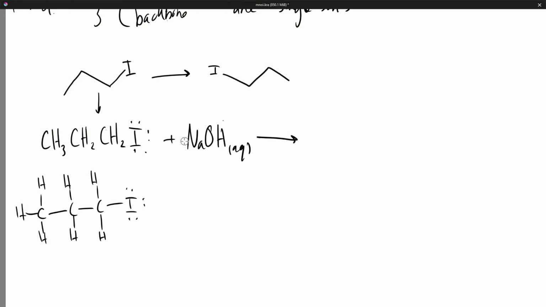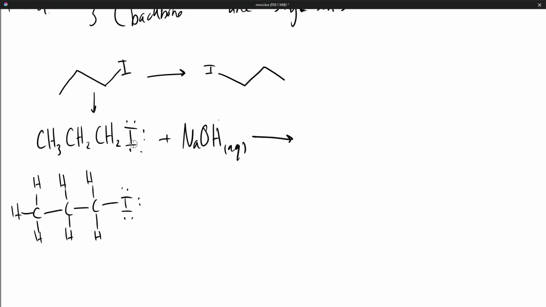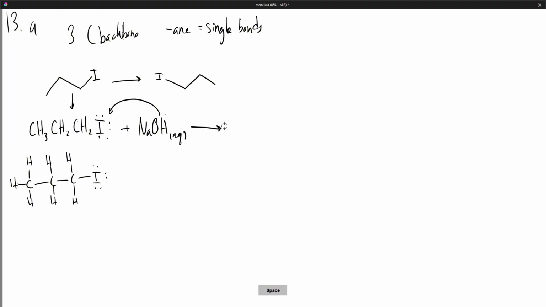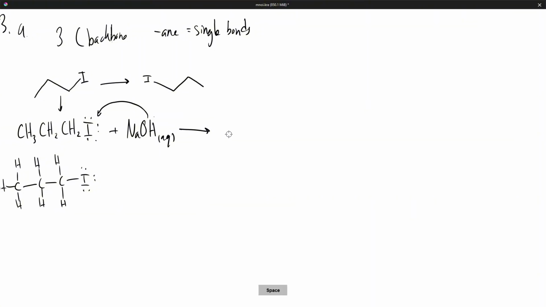Since you know one of the products is sodium iodide, that means in the end you want sodium and iodide to be together, which means OH has to be away from sodium and switch places with the iodide here. It's kind of how I see it.